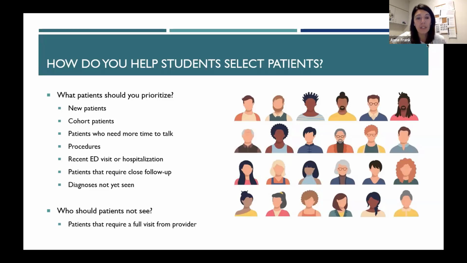In COVID especially, I had several older patients who were lonely, and sometimes their medical visits were the only time they would be talking to people. So I would often assign a student to those patients, both because they're medically complex and older, but also because they could use more time and would appreciate the time to talk with a student.